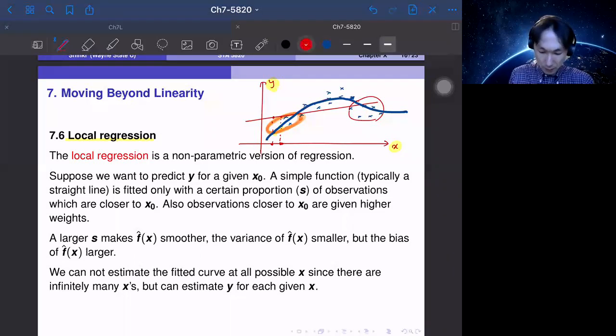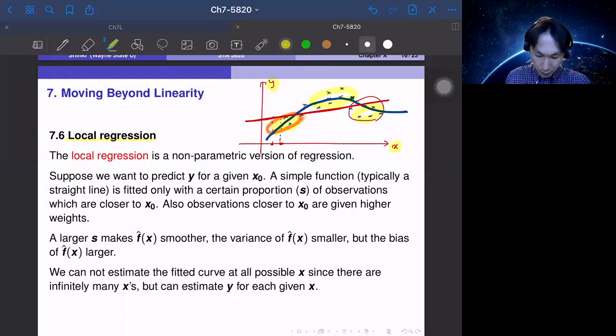So if we make this line, then at least around here we have the negative bias. I mean positive bias, I would say. This red line is above the blue points, and also around here we have positive bias, and here we have the negative bias for the estimate.